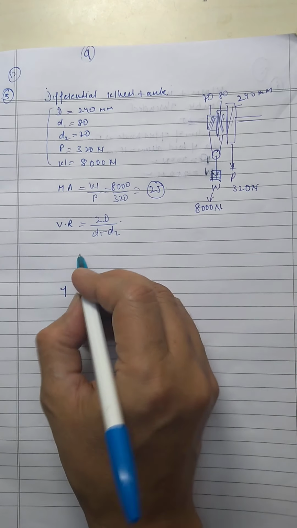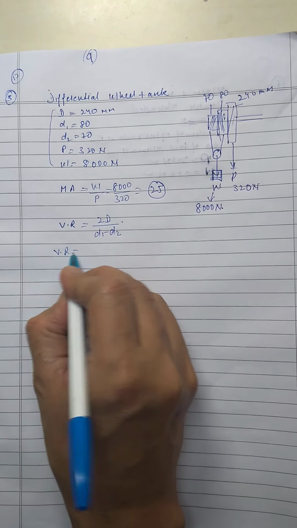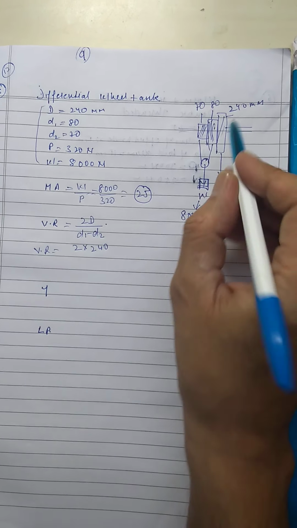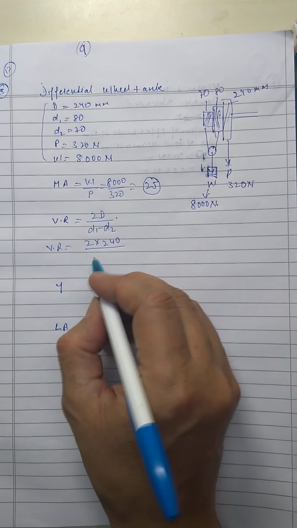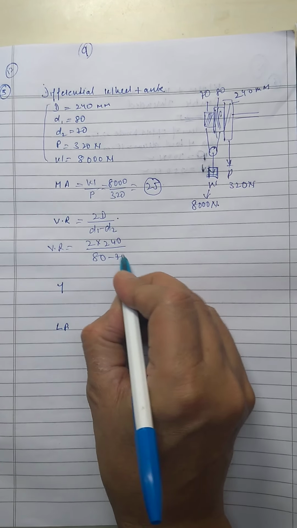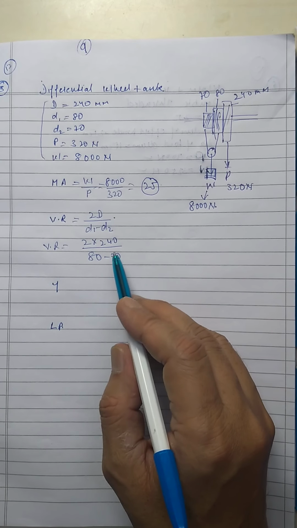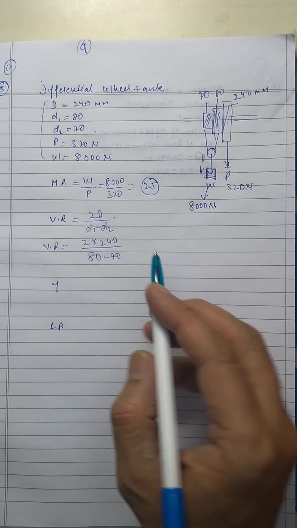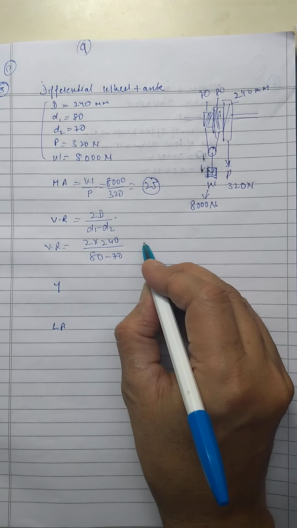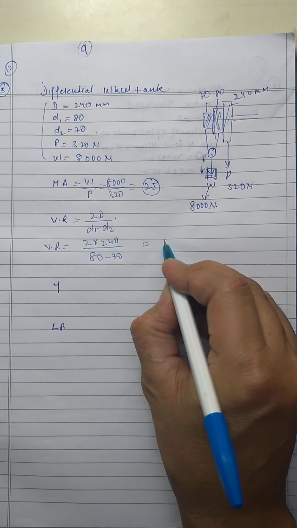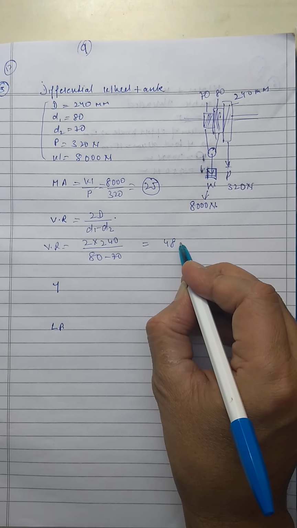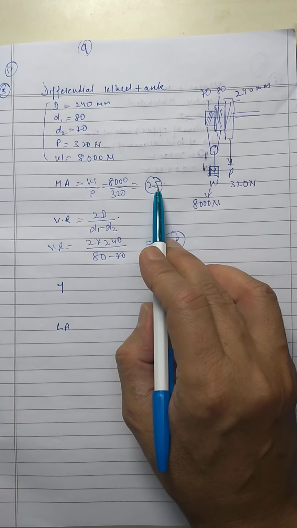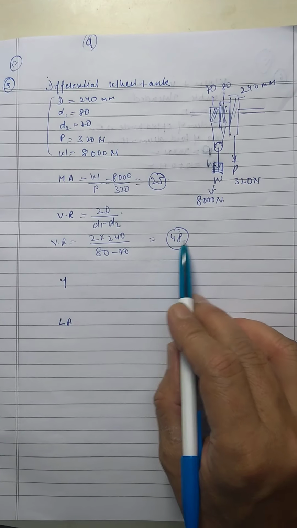So the velocity ratio will be 2 into 240 mm divided by 80 minus 70. So we have put all the values here. After putting all the values, the answer will be 48, no unit. So the mechanical advantage is 25, the velocity ratio is 48.